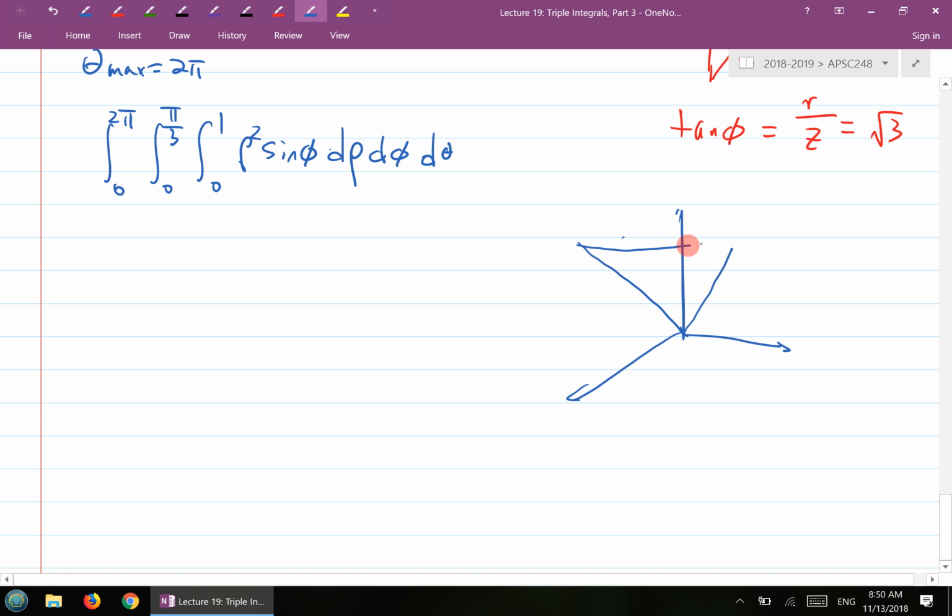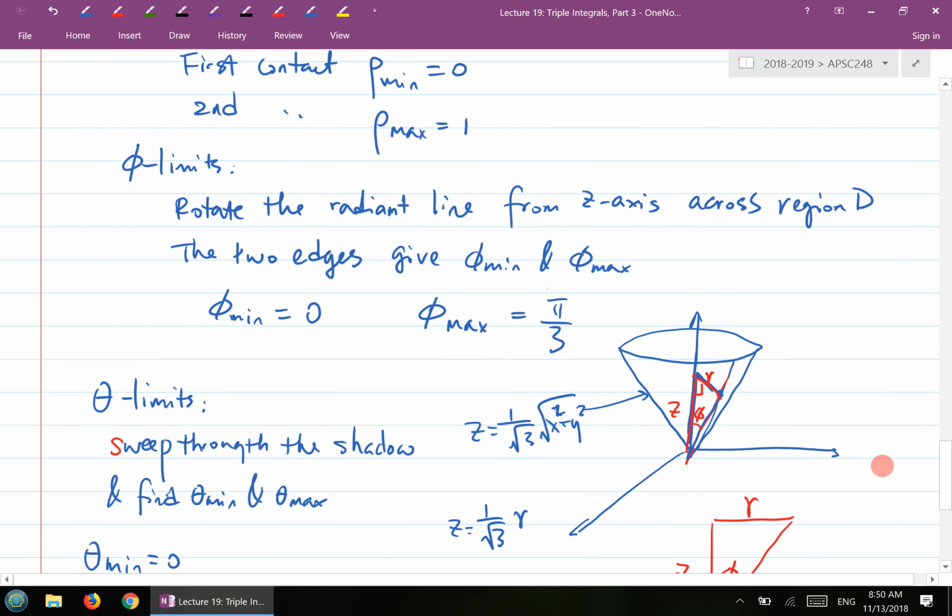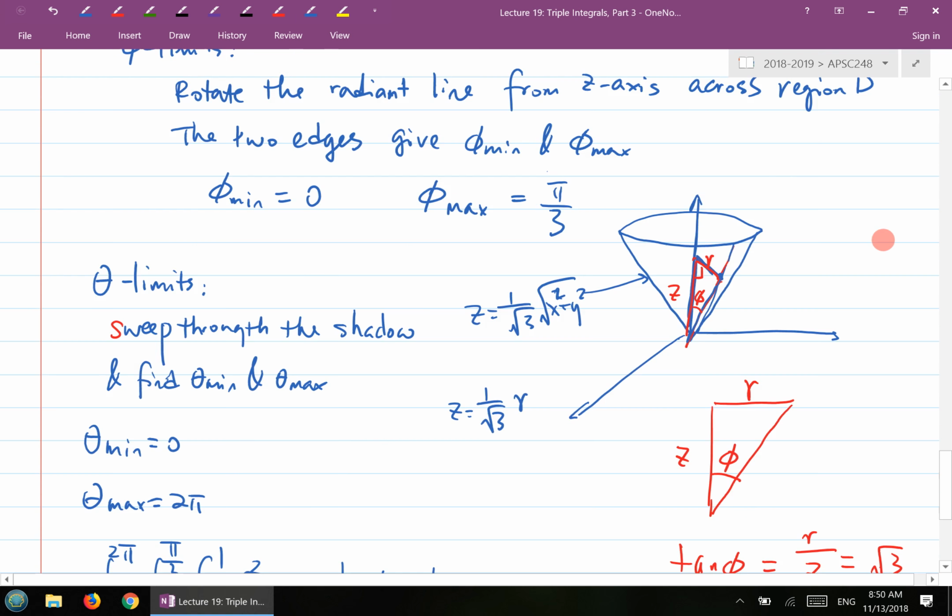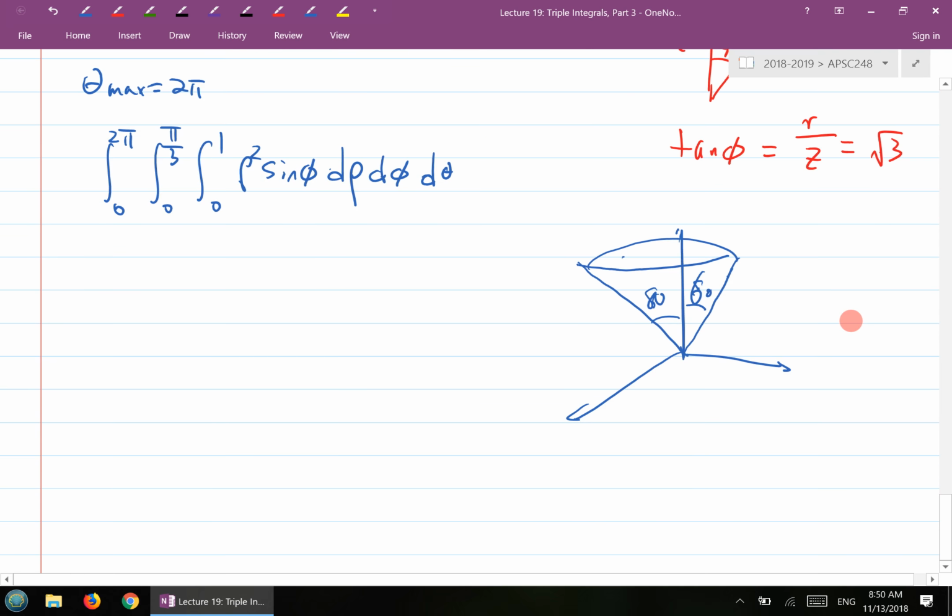Like that, this is like 80 and this is like 60 here. Is that right? Well, then your cone equation is not this equation anymore. Does that make sense? But your rho is probably also going to be different. But you can still follow this scanning rho, phi, theta. See if you can still create this cone here.